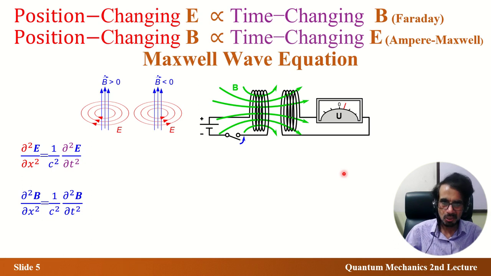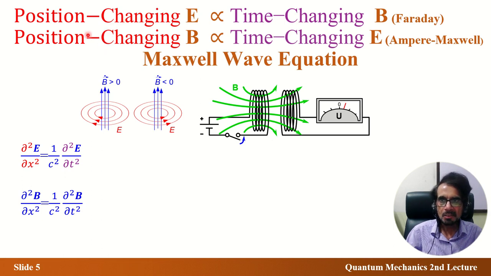Here the changes are, you remember we're talking about position changes and time changes. The changes are not due to Newton's second law, the changes are due to the following. Faraday's law says that the curl of E, the position change of E, is proportional to the changing magnetic field, and here changing means time change.